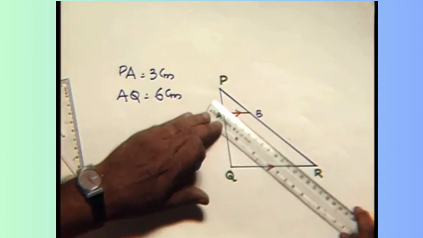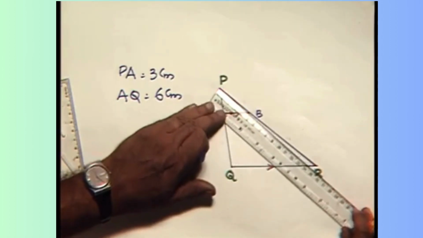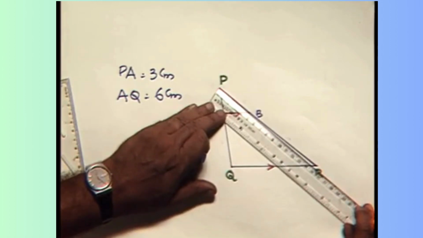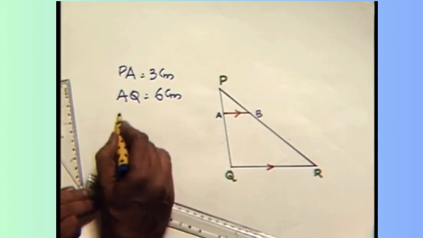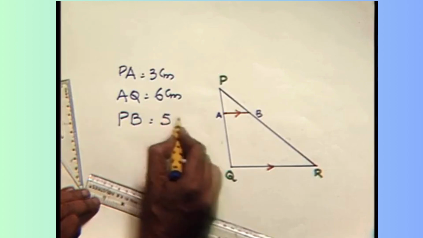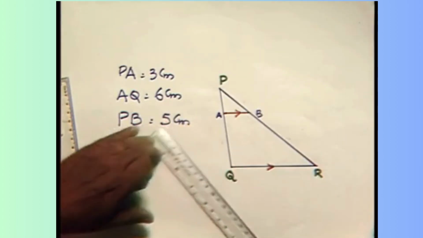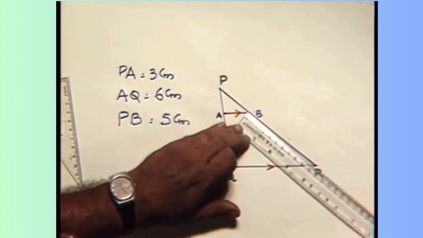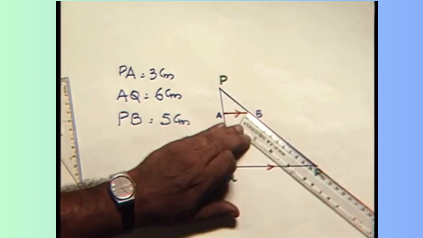Seeing the other two segments, the segment PB is 5 centimeters and BR is 10 centimeters.